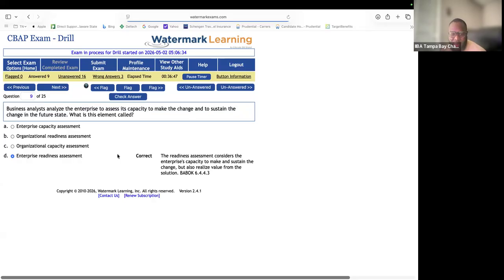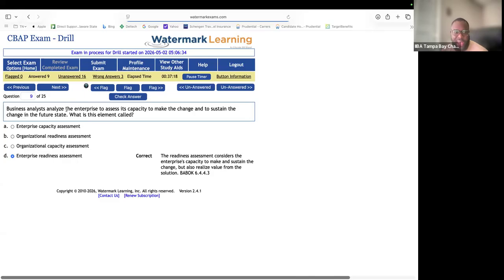So the readiness assessment considers the enterprise capacity to make and sustain the change, but also to realize value from the solution. One thing to keep in mind for questions like that: most often, there are keywords that can point you to the right answer and help you eliminate the choices that are not part of what we are looking for, like the way we just did.